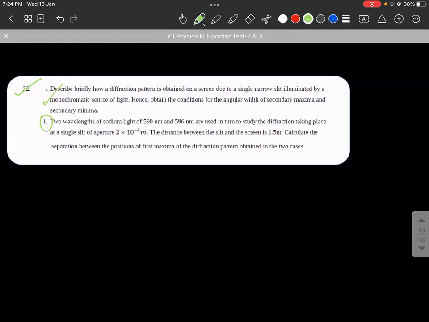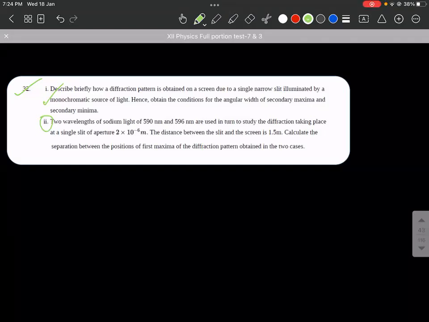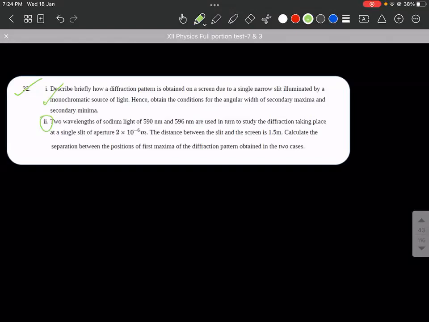Two wavelengths of sodium light, 590 nanometer and 596 nanometer, are used in turn to study the diffraction taking place at a single slit of aperture 2 into 10 power minus 6 meter. The distance between the slit and the screen is 1.5 meter.